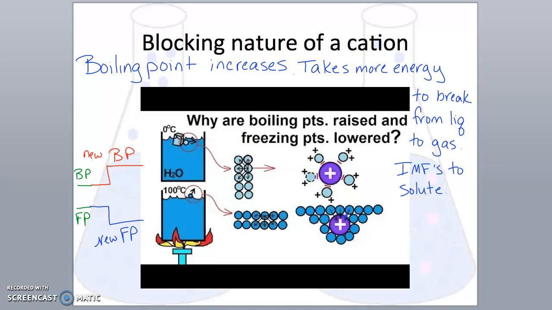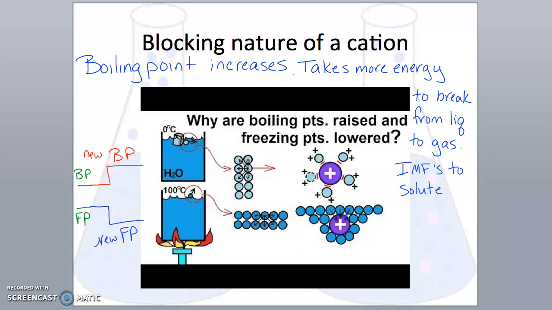That's the boiling point. Well, in the presence of some solute, we get these interactions. Like if we added an ionic compound, we'd have these ion-dipole interactions that are quite strong. And so we're going to have to add additional energy to break those interactions in order to go into the vapor phase.